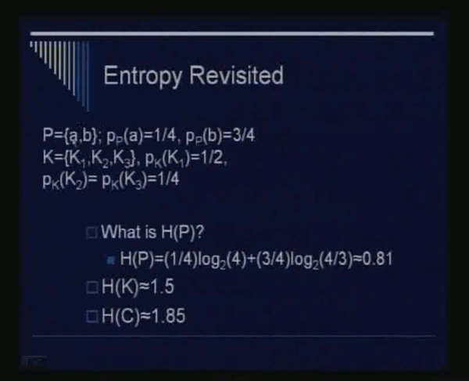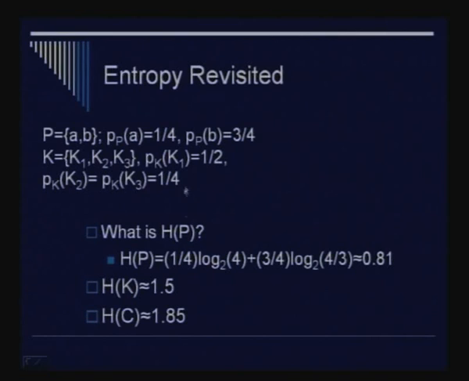Let us consider a scenario where your plain text P is made of A and B, where the probability of occurrence of A is 1 by 4, and the probability of occurrence of B is 3 by 4. And your K is K1, K2 and K3, where the probability that K1 occurs is half, and K2 and K3 each occur with probability 1 by 4.